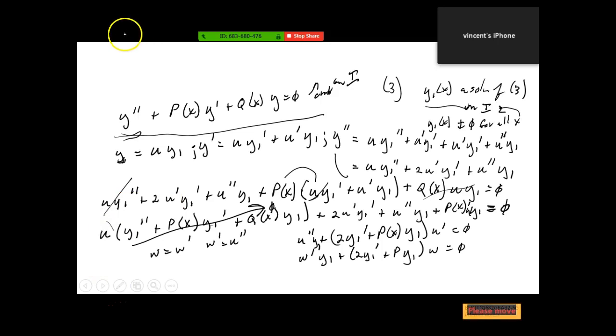I'm going to write that w prime as dw dx times y1 plus 2y1 prime plus p y1 times w is equal to 0. Okay, now that's a w, it looks like a u. Pen just isn't writing it all well.